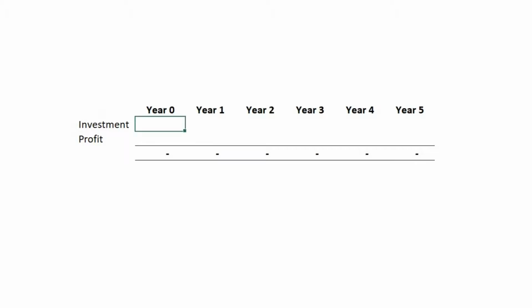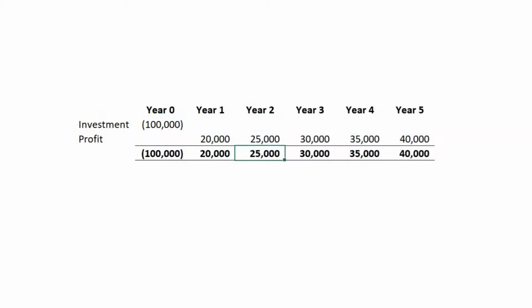Let's assume that you have made an investment of 100,000 rupees. Now this investment will generate profits every year for the next 5 years. In year 1, the profit will be 20,000 and it will increase by 5,000 every year, eventually reaching 40,000 in year 5.